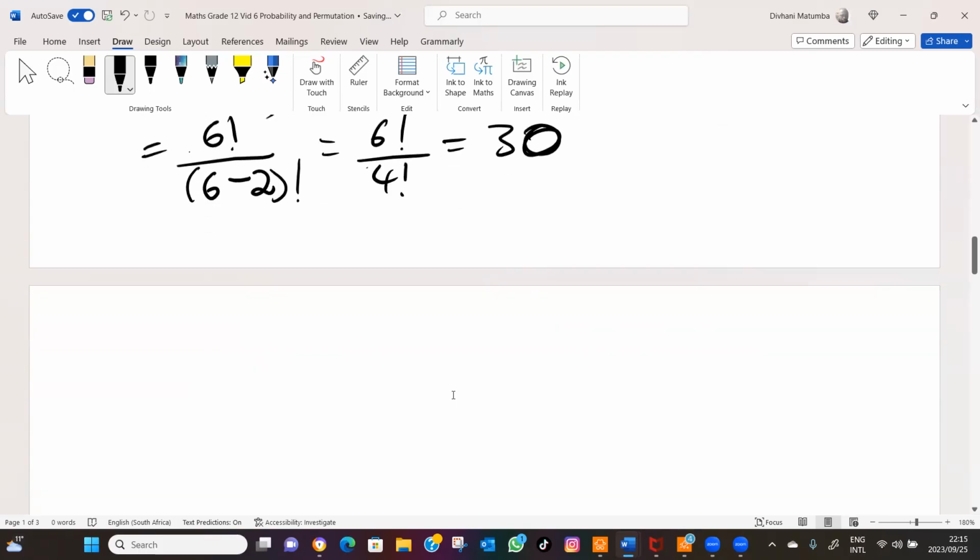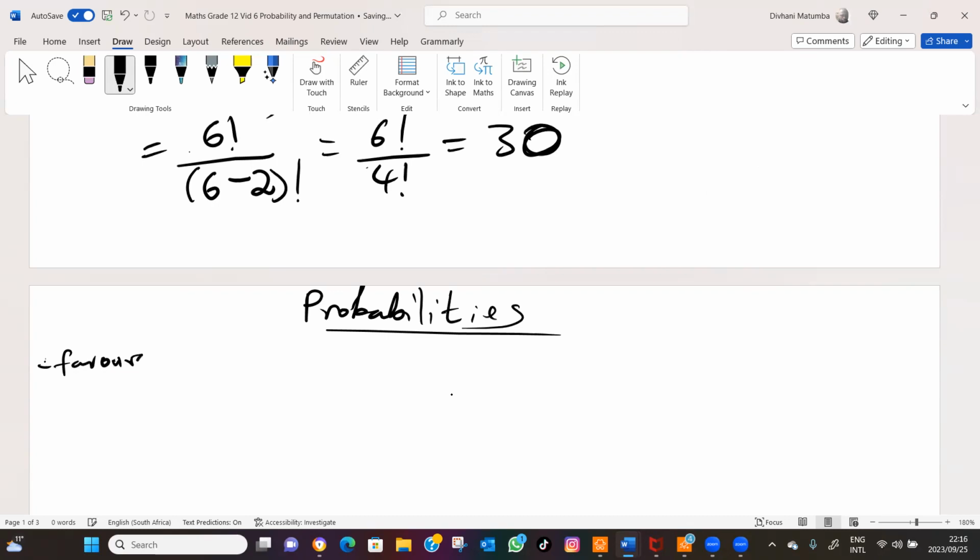Now, let's move to probabilities. Okay, with probabilities, it is the number of favorable outcomes.